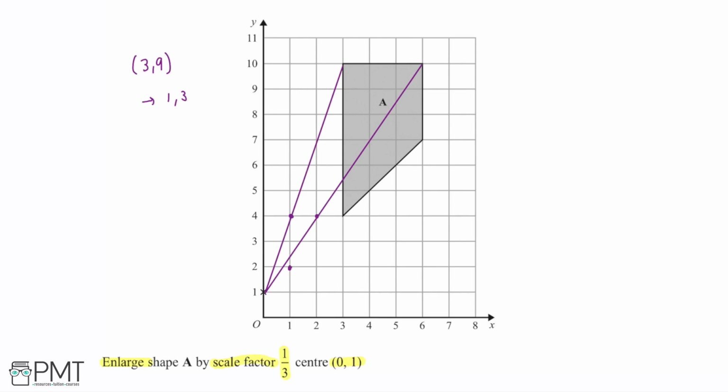But similarly here, if we take the 3 squares that we have here, so between this top right corner and this final point we need to plot, we've got 3 squares in the y-axis.